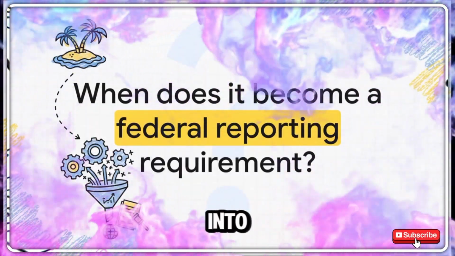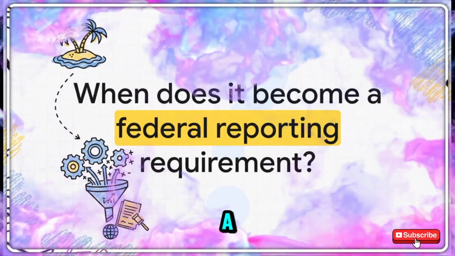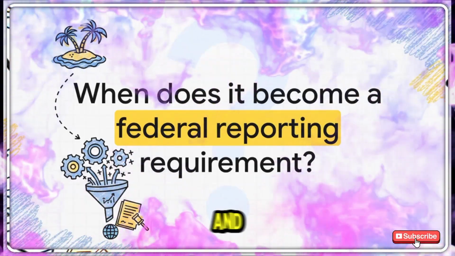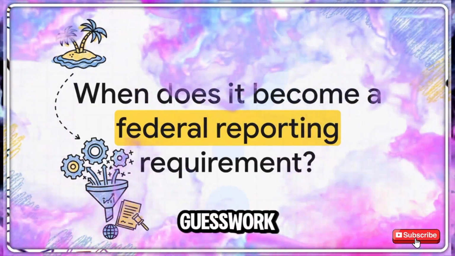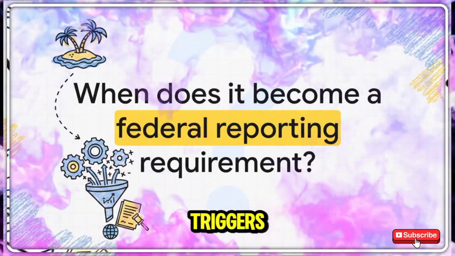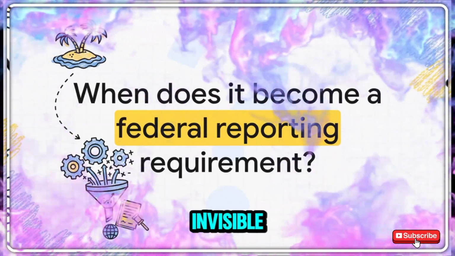Okay, let's dive into this. The transition from a private offshore asset to a strict federal reporting requirement isn't based on your intent, and it absolutely isn't based on guesswork. It's based on very precise statutory triggers. Honestly, this transition is essentially an invisible tripwire.